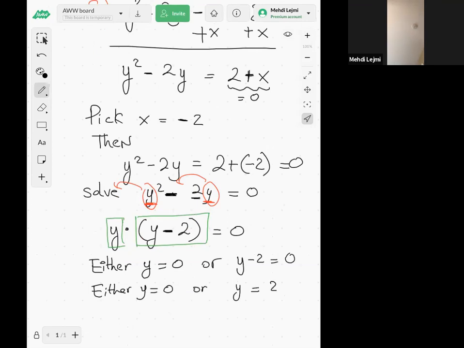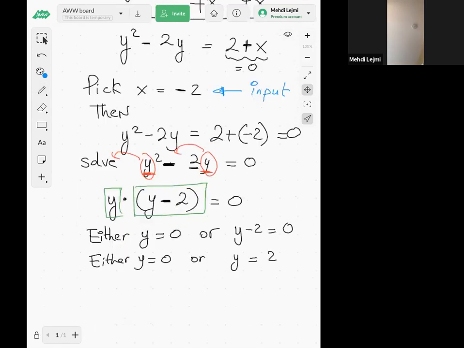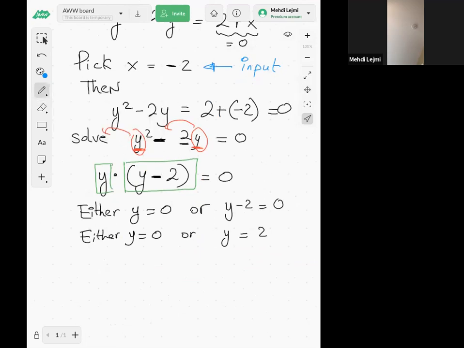But anyway, my point here is that if my input x is -2, this is my input, right, then I get actually two possible outputs. I get 0 and +2.